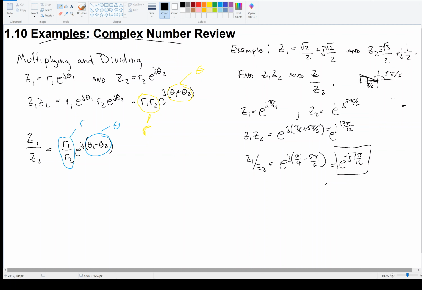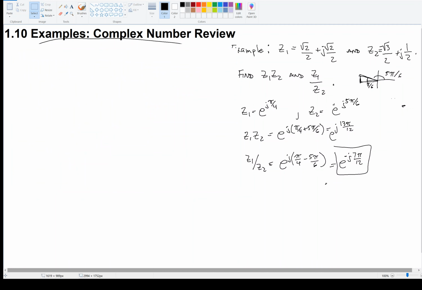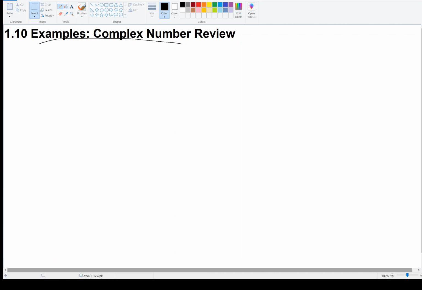Okay, and there's one more thing I want to talk about in this video, and that is the complex conjugate. I think we've already seen the complex conjugate a little bit, but I just want to remind you that if we have the complex conjugate of a complex number, so let's say a plus jb is our original number, then the complex conjugate, which we write as z bar, is just a minus jb.